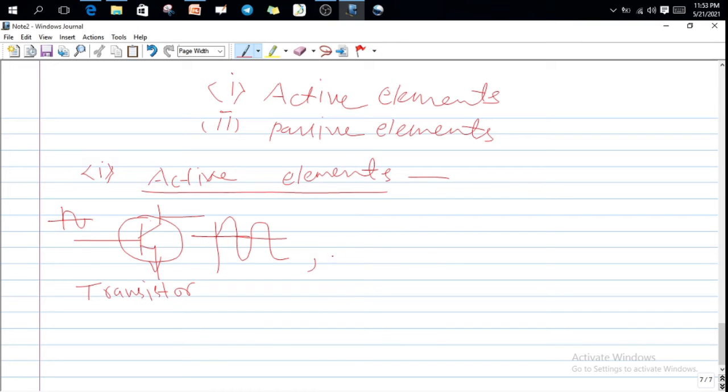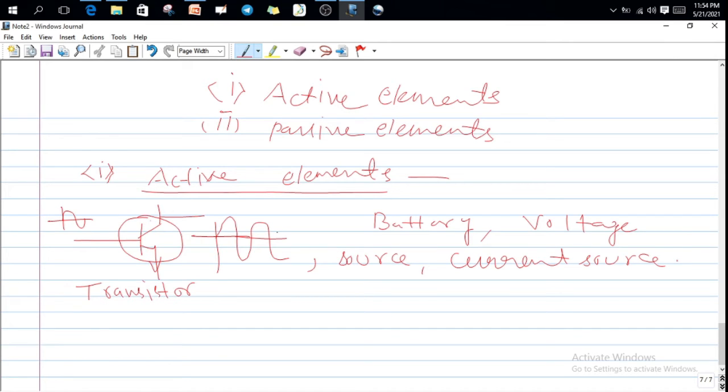Okay guys, next example I could give you is the battery source. Next is the voltage source, and the current source.